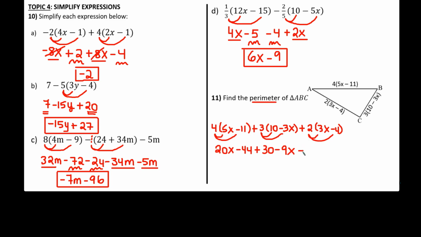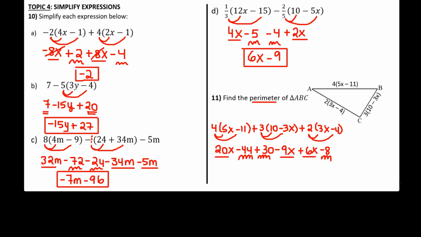And 2 times 3 is 6x. And 2 times negative 4 is negative 8. Now let's combine like terms. So I'm going to combine the 20 with the negative 9 plus 6. And I'm also going to combine negative 44 plus 30 minus 8.